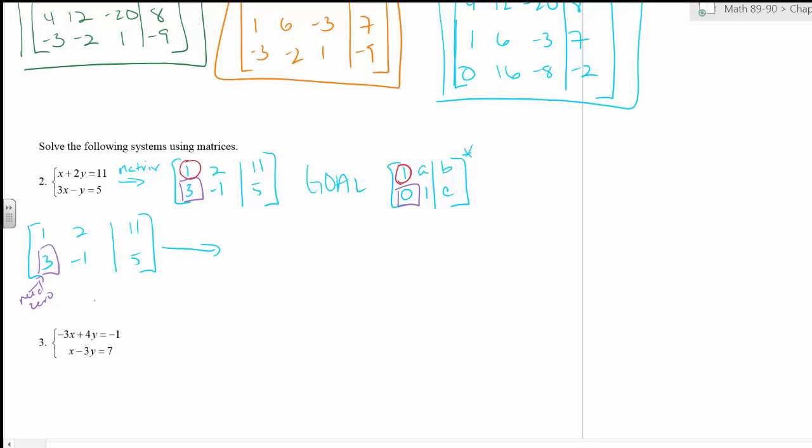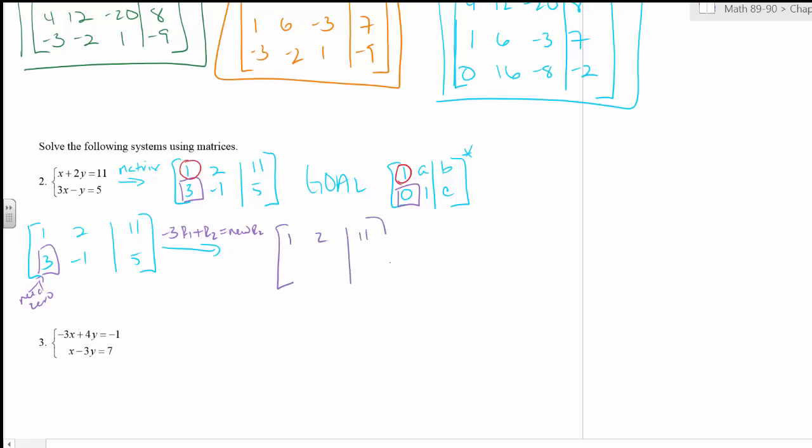And since I need a 0, I'm going to have to multiply the top row by negative 3. So I'm going to do negative 3 times row 1, because that'll give me a negative 3 in this top left hand corner, but then I'm going to add it to row 2, and that will give me the new row 2. So what's not changing is the top row.